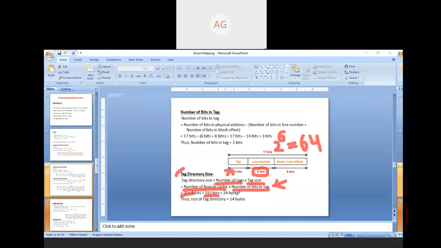So 192 bits are there, but as we are going to solve this question in the byte addressable format, we need to divide 192 by 8, as we know that 1 byte is equal to 8 bits.